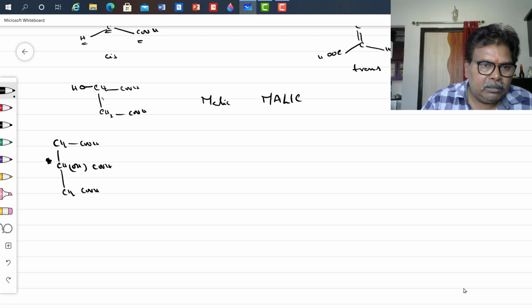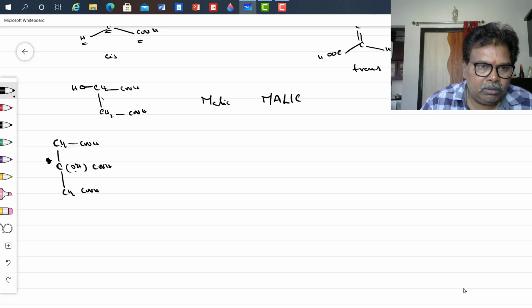Okay. 1, 2, 3. This is the 4th carbon, 5th carbon. So that means here hydrogen is not there. COH, COOH, right?